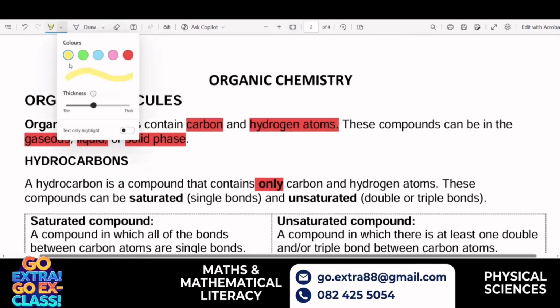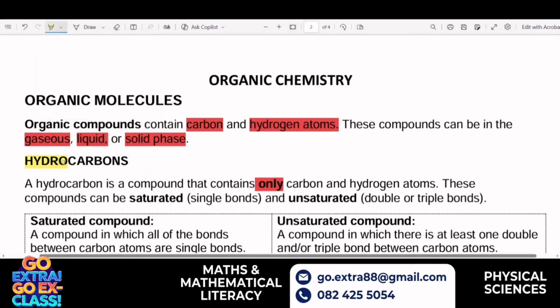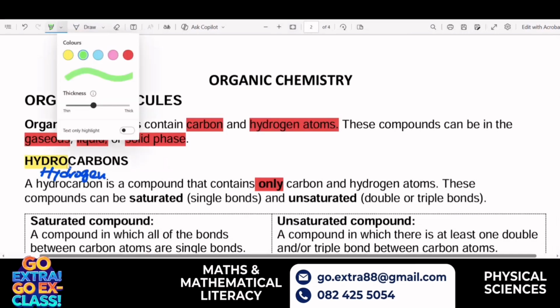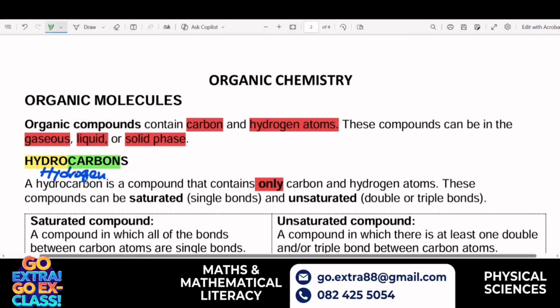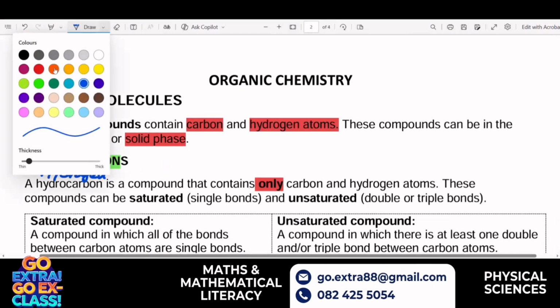It's made up of hydro, which is for hydrogen, and the other word we can spot here is carbon, which tells us we also have a carbon atom.